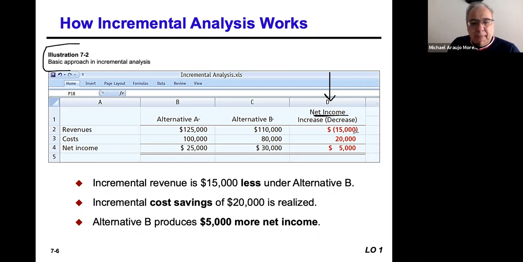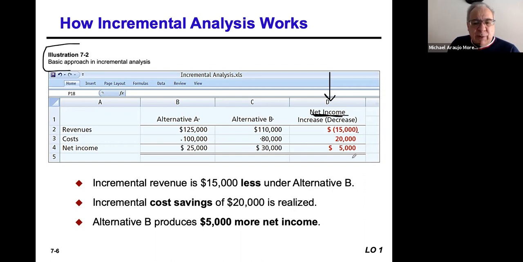However, for costs here, alternative A has 100,000 of costs, alternative B has 80,000 of costs. Those lower costs would add to the profitability of the company. So notice this $20,000 here looks like an increase because in essence, anytime we would decrease expenses, it would increase your profits. That's how this is looked at. Okay. So what would be the difference?